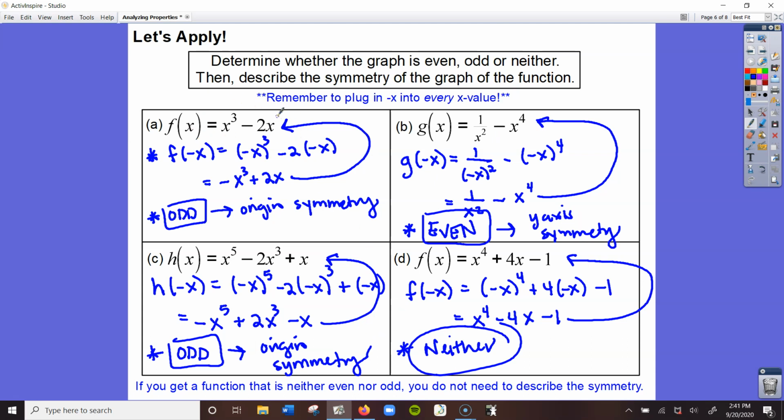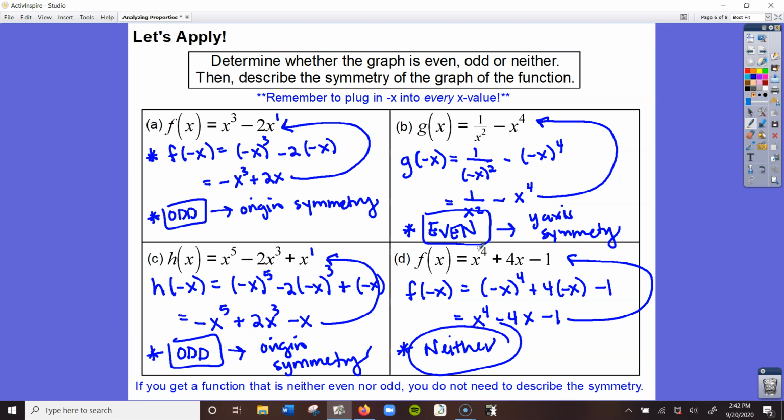When you don't see an exponent, that's a 1. And 1 and 3 are odd exponents. So chances are that's an odd function. Same thing with b, you see that the exponents are both even. And look how we got that it's an even function. And same thing with c. All exponents are odd, therefore this is an odd function.